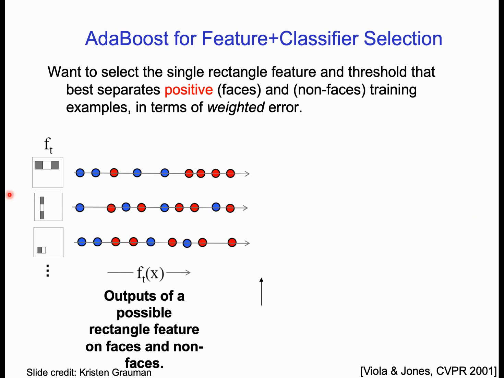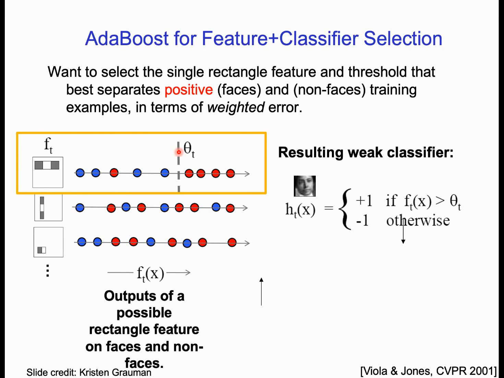Then I will look at another feature and then at another feature. So the idea is I will try many different thresholds and choose the threshold and the feature that gives me the best separation at that point. For example, this feature will give me the best separation with this threshold. And that will be my first weak classifier.